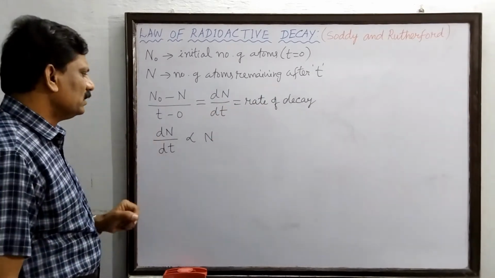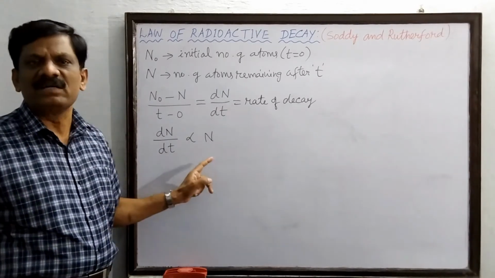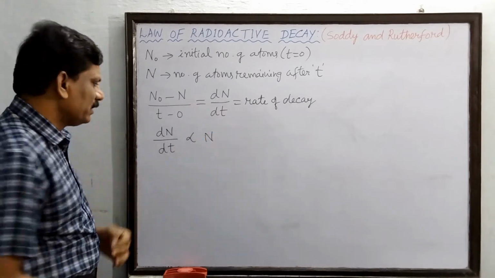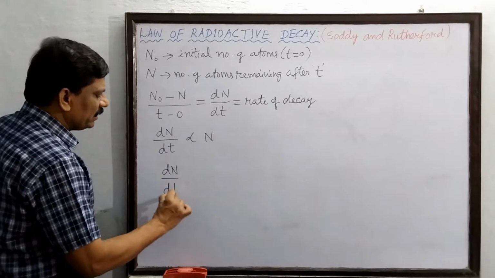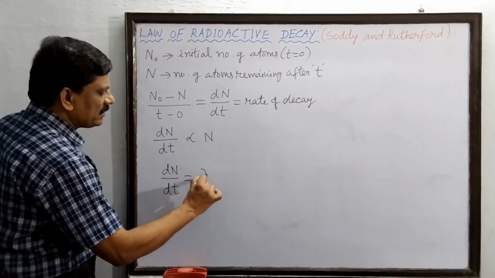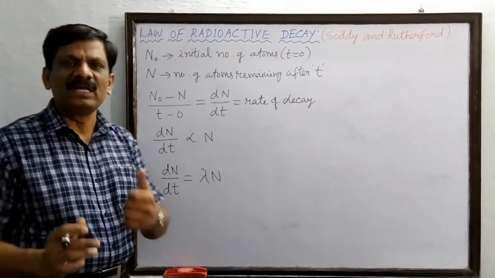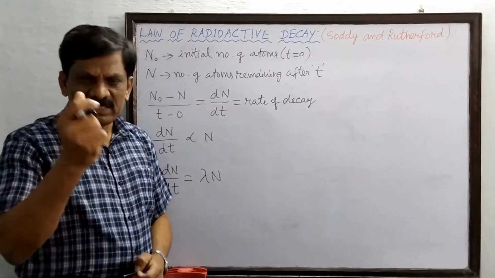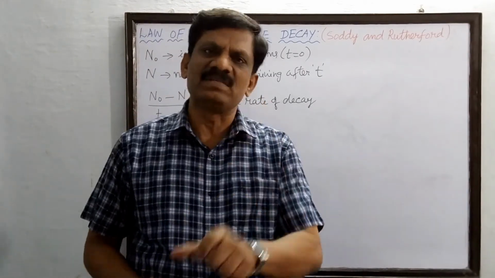Now this is proportional to N, so it must be equal to some constant times N. Therefore I will write dN by dt is equal to a constant lambda multiplied by N, where this lambda is called the disintegration constant or decay constant for a given substance.